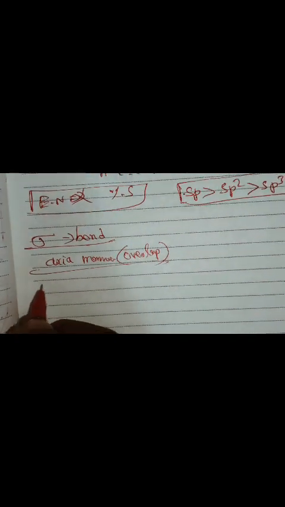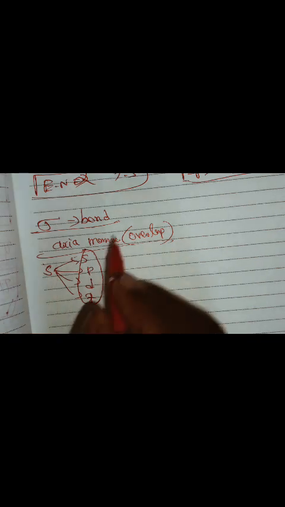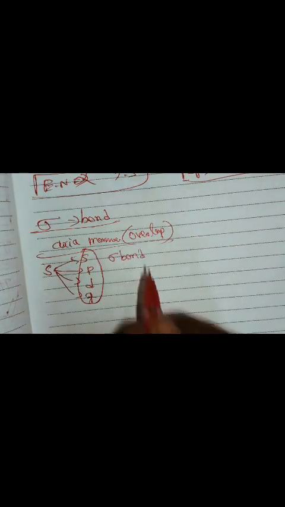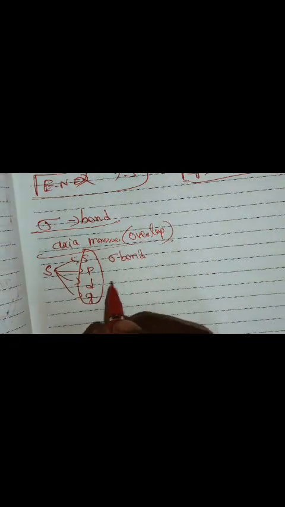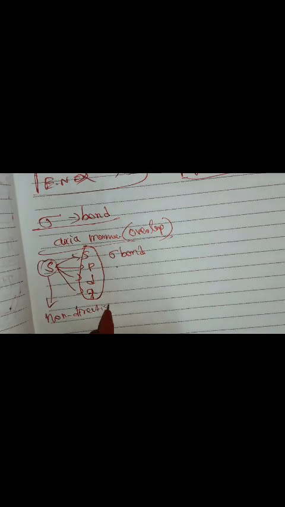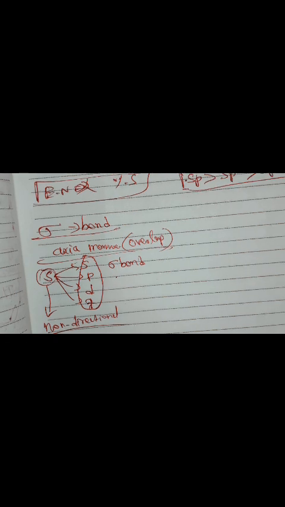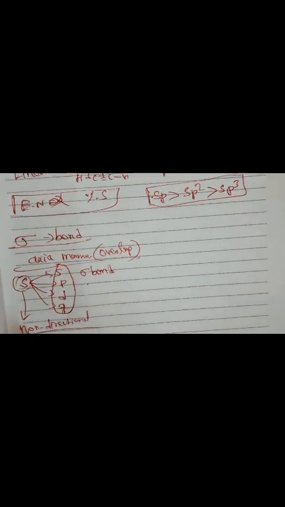For example, the s orbital overlaps with s orbital, p orbital, d orbital and f orbital. Any orbital overlapping with an s orbital gives only a sigma bond, because the s orbital is non-directional, so it always overlaps axially.